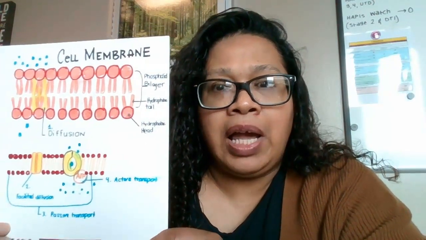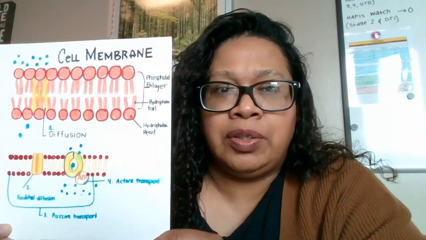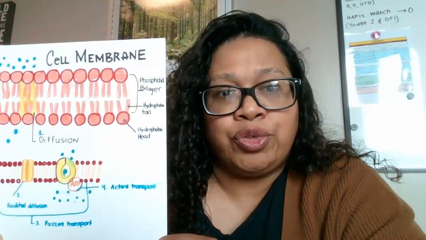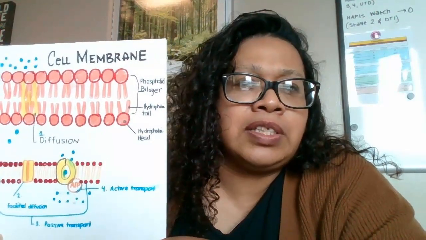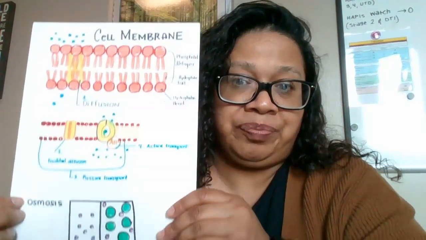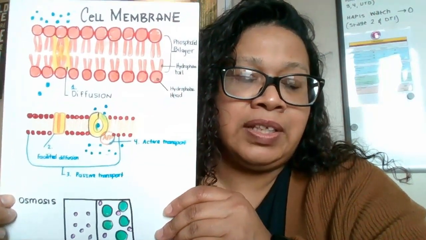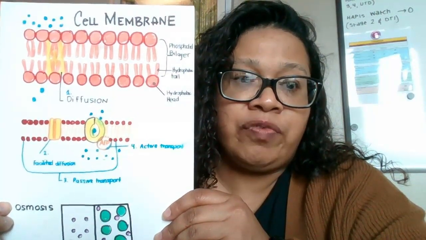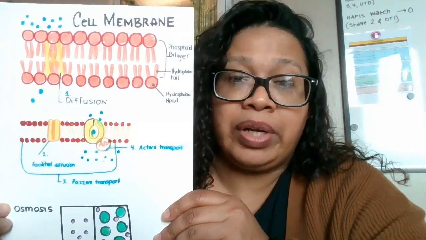When we look at the membrane, how does it function? Well, passive transport occurs without the use of energy and relies on the diffusion of molecules from areas of high concentration to areas of low concentration. The process also encompasses osmosis, which refers to the movement of water across the membrane.